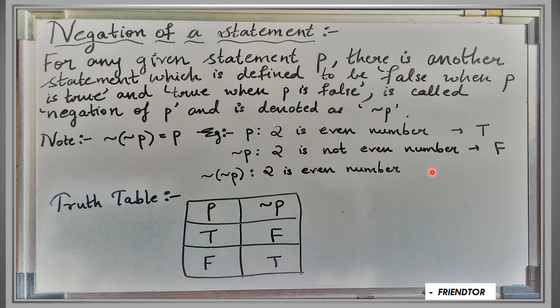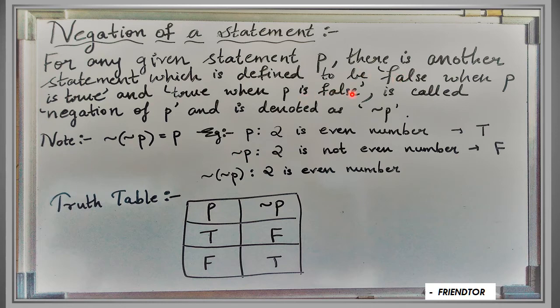Now let's see an example. Here this note is there. You will understand it after I complete this example. Now let statement P be: 2 is an even number. This is a true statement, that's why I have written T over it. It has truth value capital T. Now what will be the negation of P? Negation of P is defined as false when P is true and true when P is false.